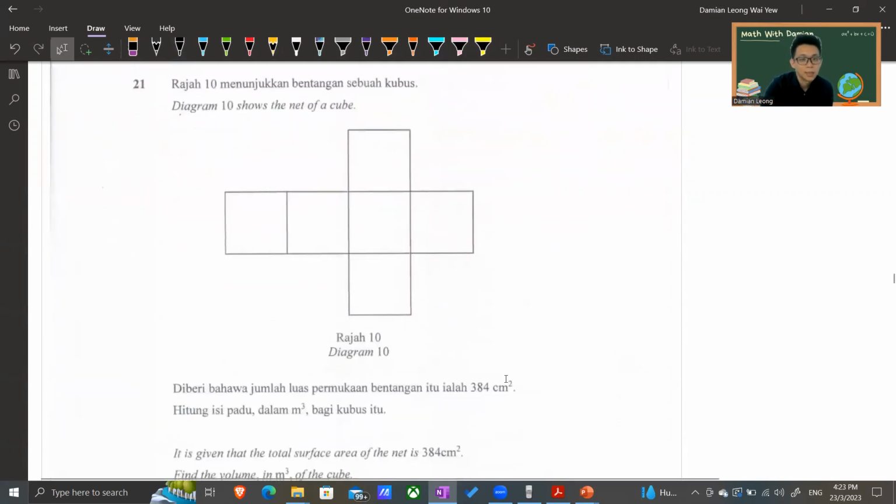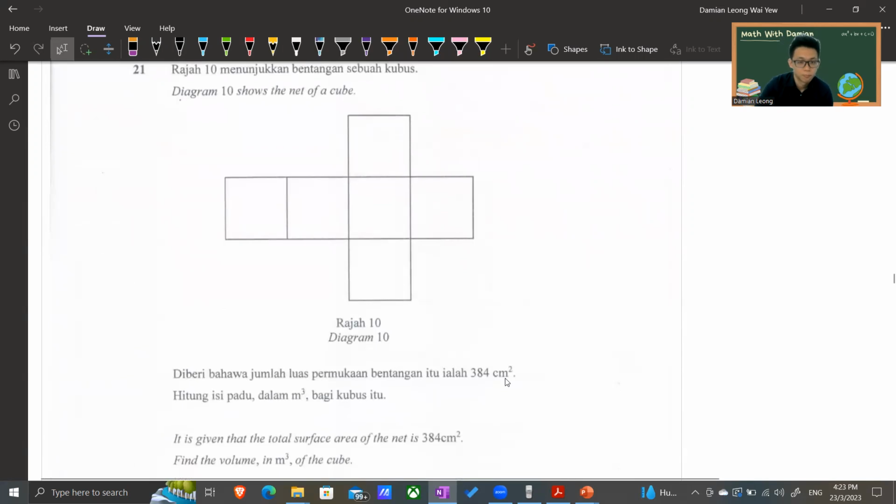Question 21. I have net of a cube. Total surface area is 384 cm square. Find the volume of the cube. So I need to find one side. Okay, means if each side is X, it's basically 6 times X square equals to 384.